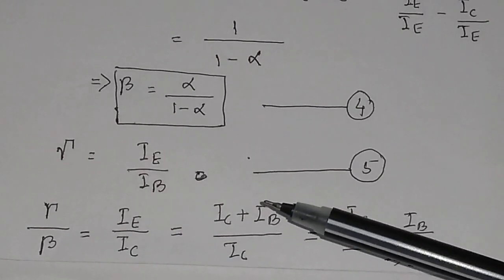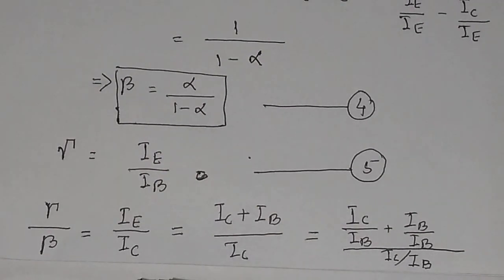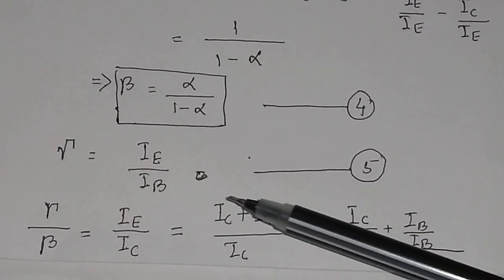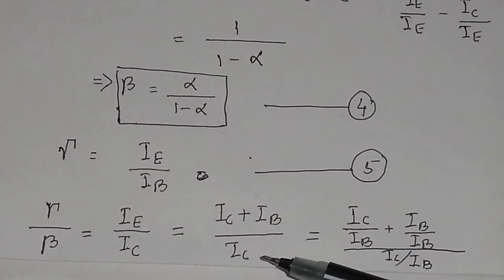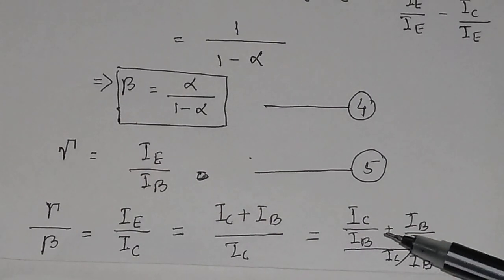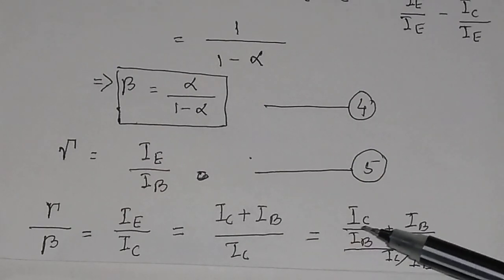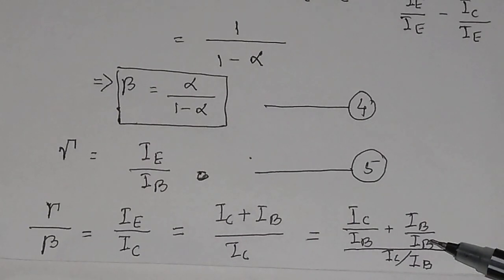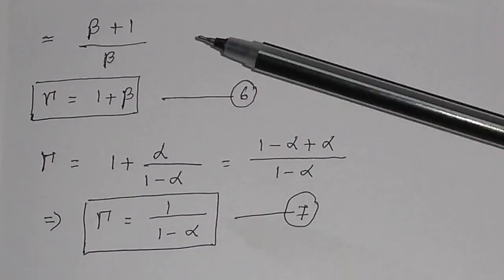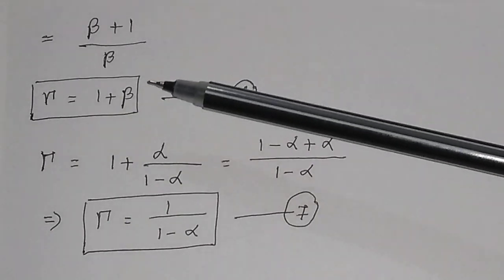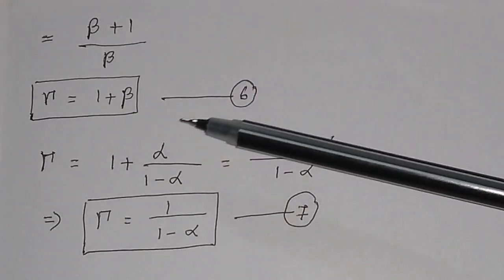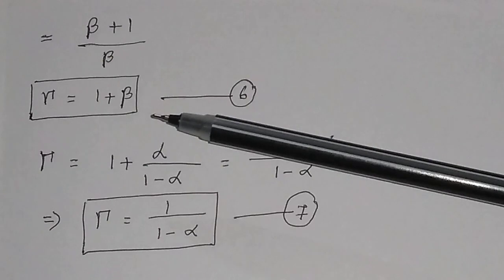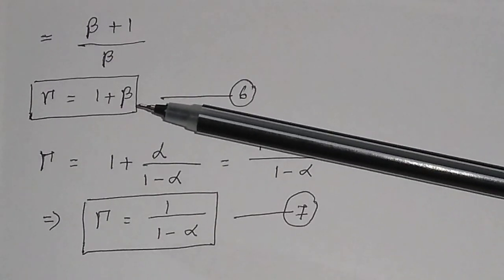IE is equal to IC plus IB, because emitter current is equal to collector current plus base current, divided by IC. If you divide in the numerator and denominator by IB, this will be equal to IC divided by IB plus IB divided by IB, divided by IC divided by IB. So that will be equal to beta plus 1 divided by beta. So gamma will be equal to 1 plus beta. This is a well-known formula between gamma and beta.